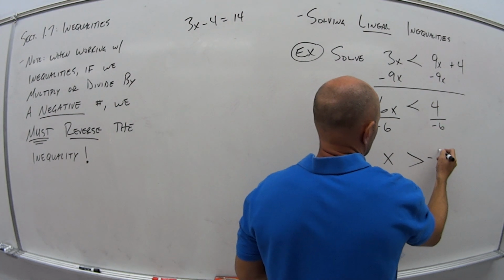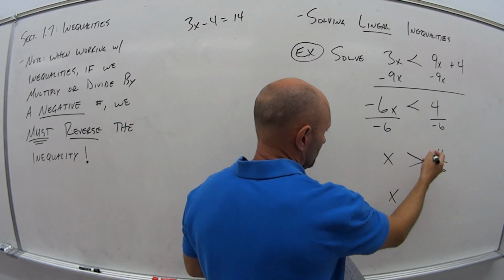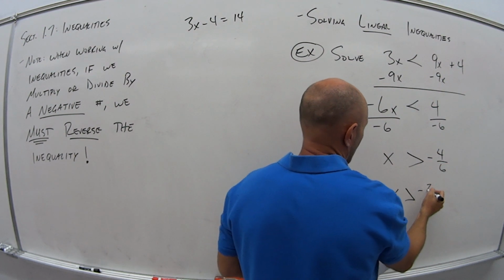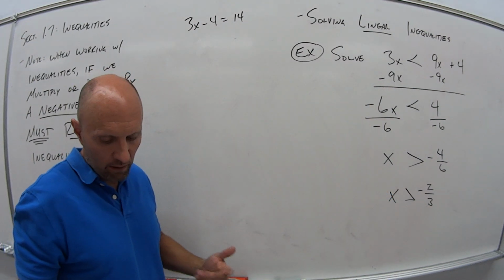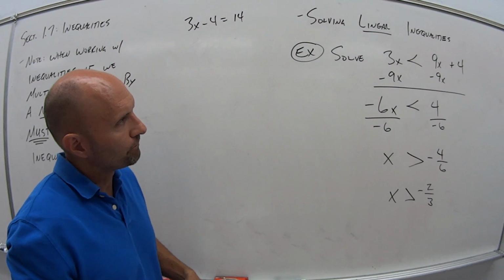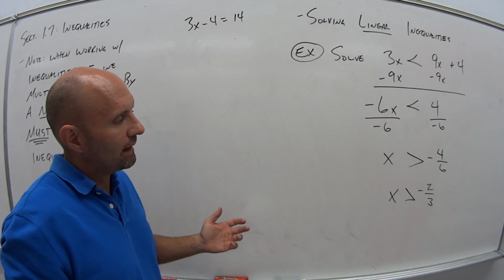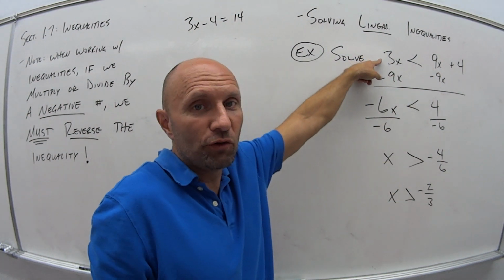4 over negative 6, so minus 4/6. And if I simplify that, divide both the top and bottom by 2, I get x is greater than negative 2/3. So that means any number bigger than negative 2/3 makes this original true.